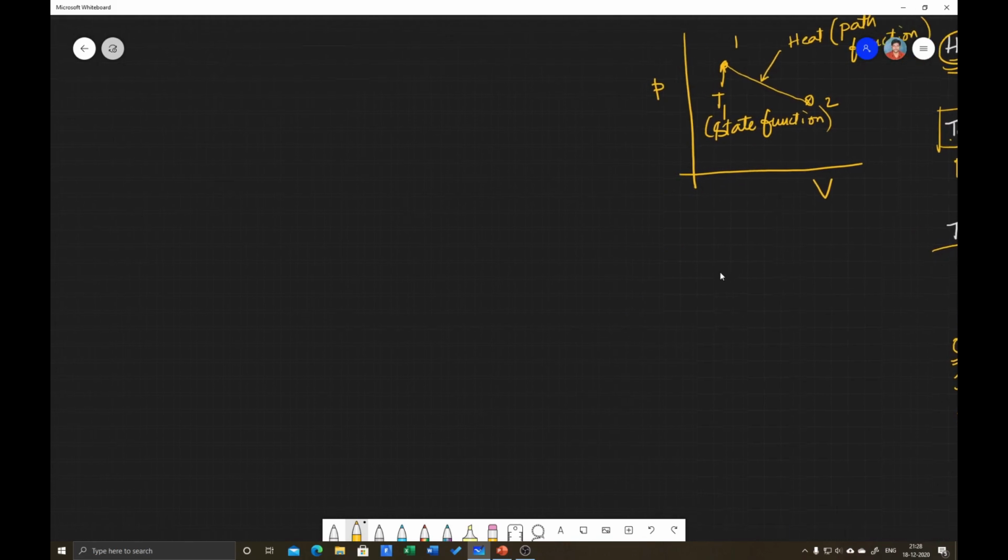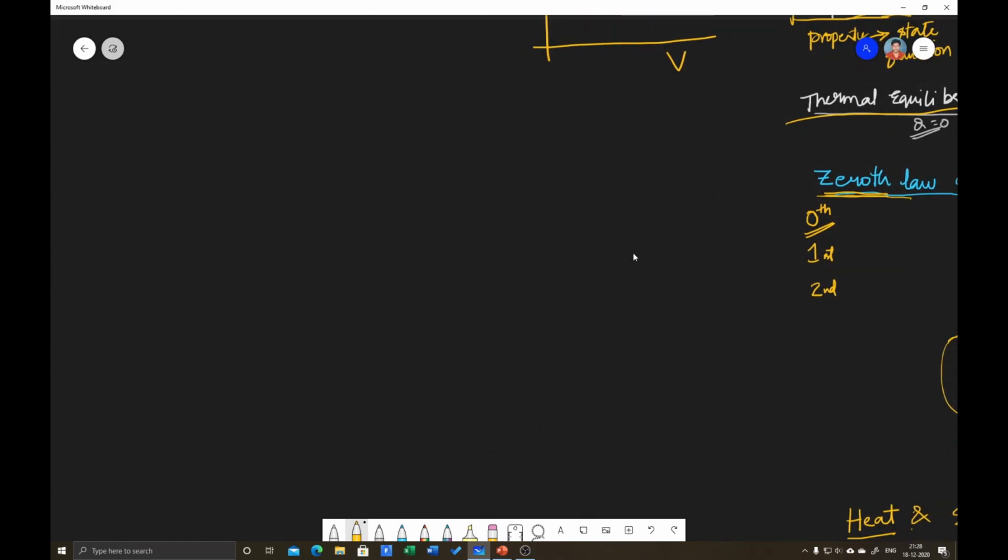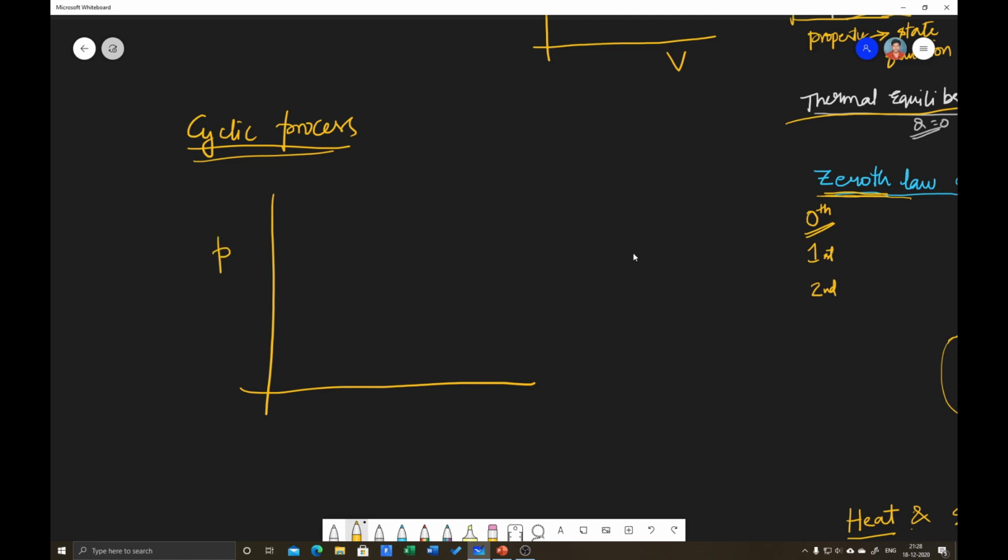Now we will see how to apply it for a cyclic process. Cyclic process means, we already know what a cycle is. We can say that a system has undergone a cycle when initial state and final state are the same.